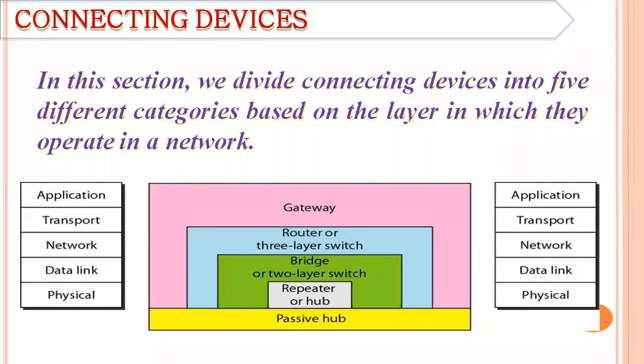Hub is used for broadcasting the data, whereas switch is used for unicasting and multicasting the data.